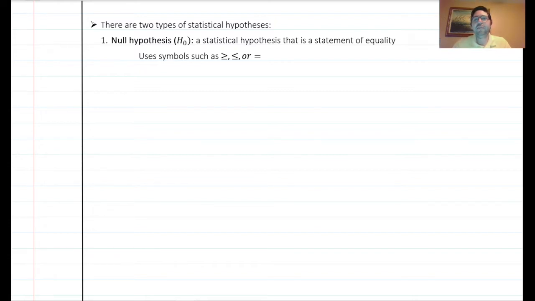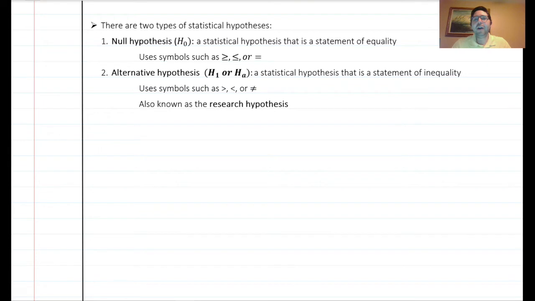The null hypothesis is a statement of equality, very simple. So it uses symbols like greater than or equal to, less than or equal to.